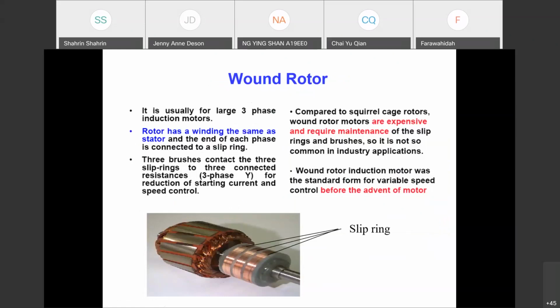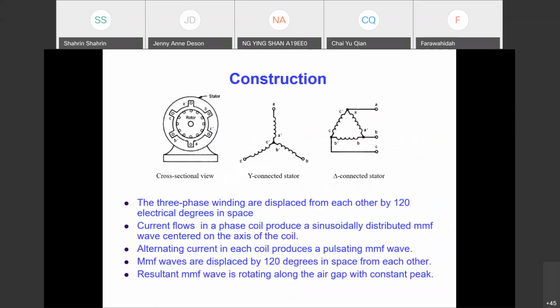And then this is the wound rotor, so there is a different structure. And so this is the three-phase. Since this is three-phase, the stator connection can be either Y connected or delta connected.